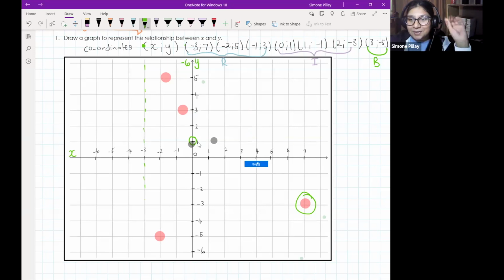Sorry, Rory-san. Give me a second. This is a little bit chaotic. Itandile, let's talk to you super quickly. Yes, your first point is correct. It's there where my green line is. Now, the next point we wanted to do was 1 and -1. So you were supposed to go to 1 over here and -1.